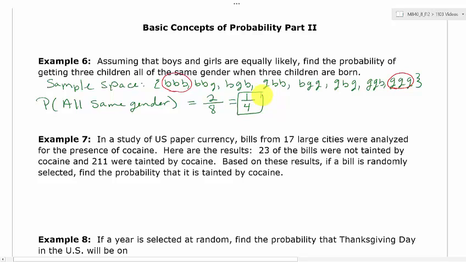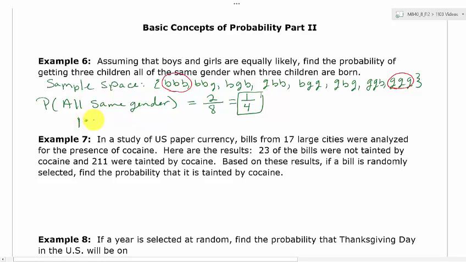The other way to think about this is to multiply the probability of each birth. If you know that they're going to have 3 children, the probability that they have a first child, which could be a boy or a girl, is 1. It doesn't matter which, that's why the probability is 1.